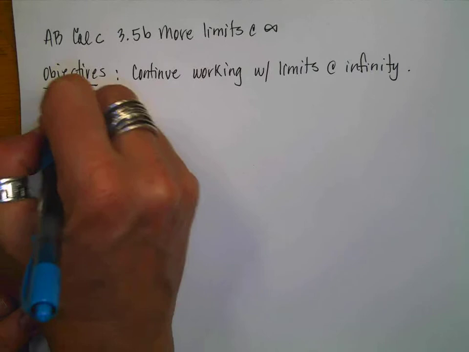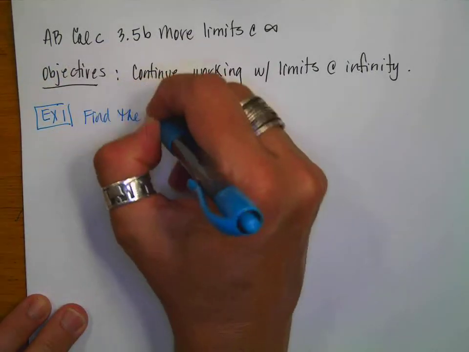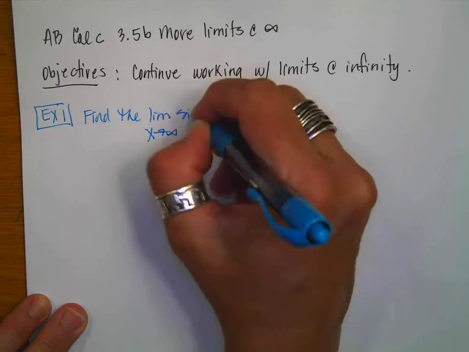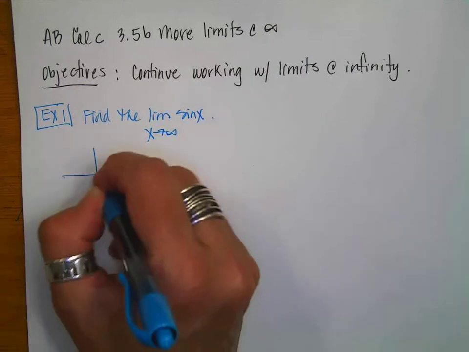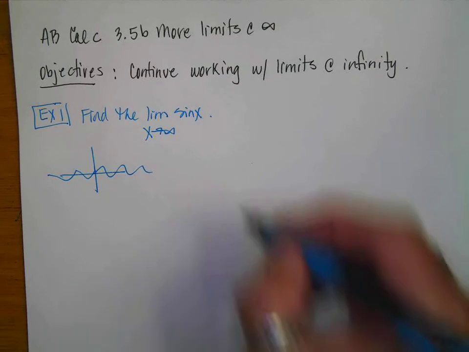The first one, example number 1, says find the limit as x approaches infinity of the sine of x. If you'll remember, the sine of x function is a periodic function, and it looks like that.